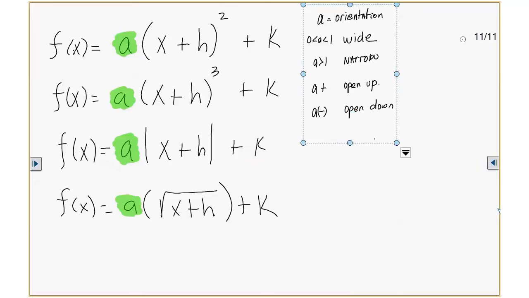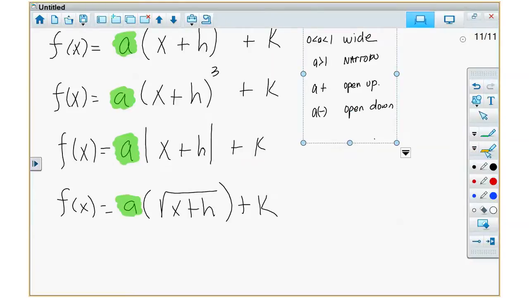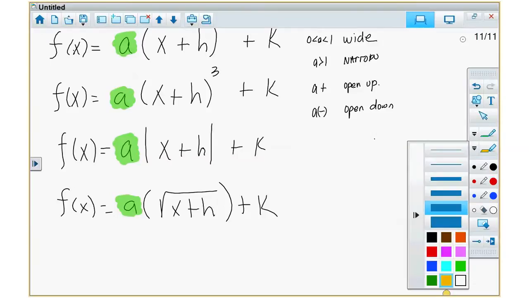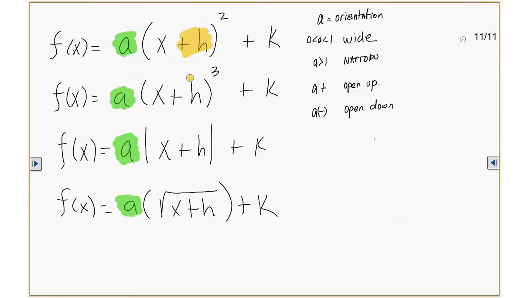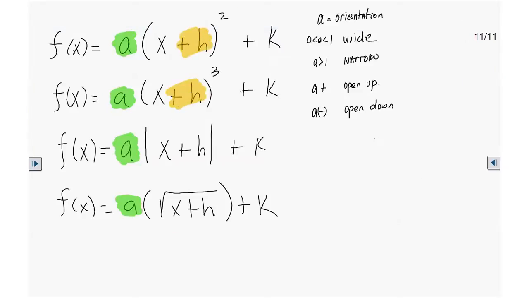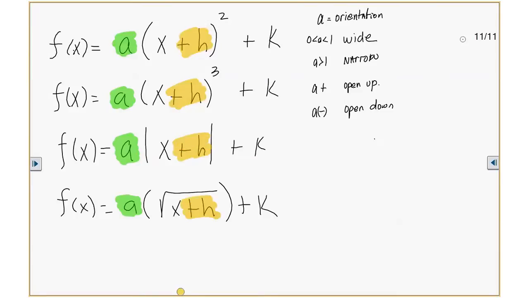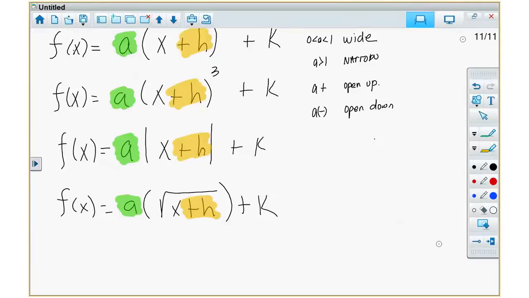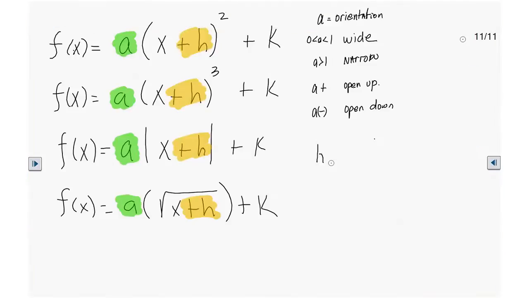Okay. What's next? Well, we take our handy dandy highlighter and we'll color it yellow. And we're going to highlight this guy. H. Whatever is in that spot, that's called horizontal shift.